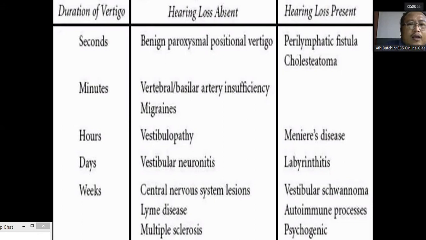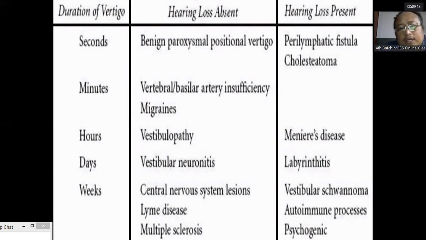And another component to differentiate between these vertiginous diseases, the time duration, is the most important.